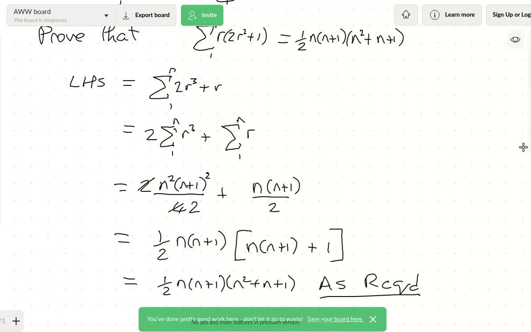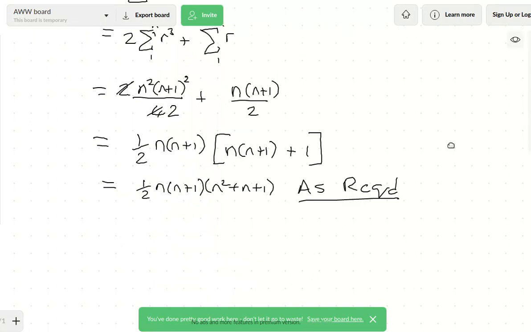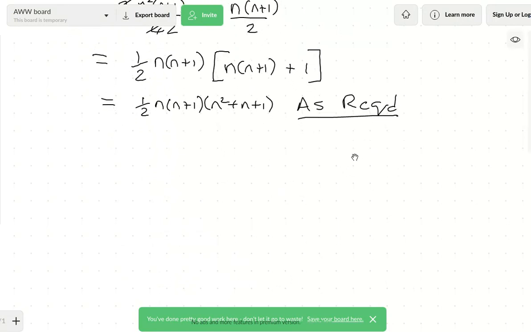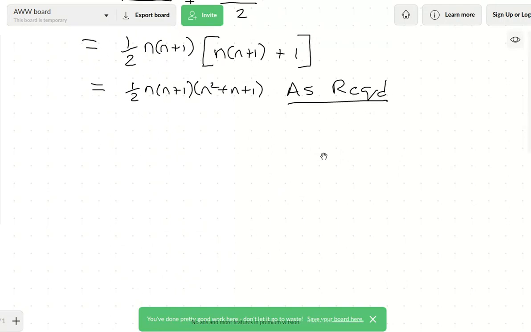There are trickier questions than that, and certainly the challenge question I'd love to show you because it's really quite interesting. I'd like to talk about sums of sums and sums of sums of sums, but that's where it gets really interesting. Let me show you a couple more questions from exercise 3A, because there are a couple of nasty questions in there. I want to show you question 6, because I reckon you'll ask me about question 6.